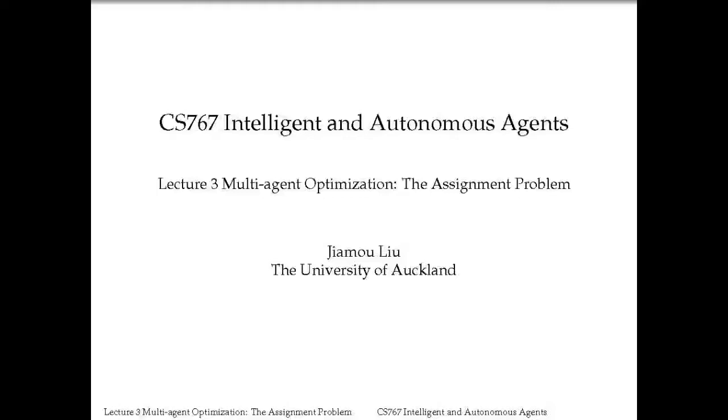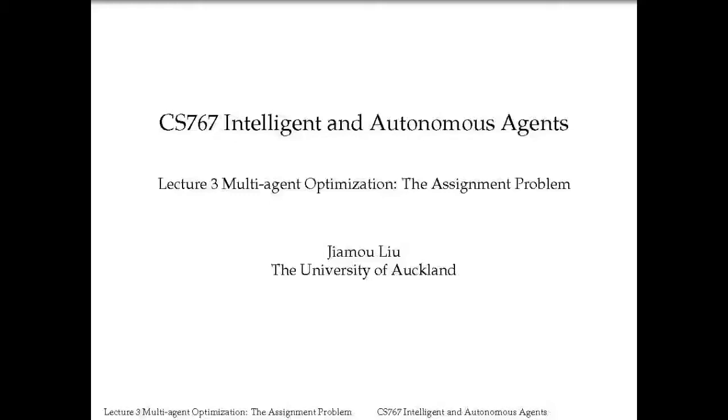So in the last lecture, we've been talking about constraint satisfaction problems, where multiple agents representing the respective variables in the problem look for legal assignments of the variables that collectively satisfy the constraints as laid out by the problem.